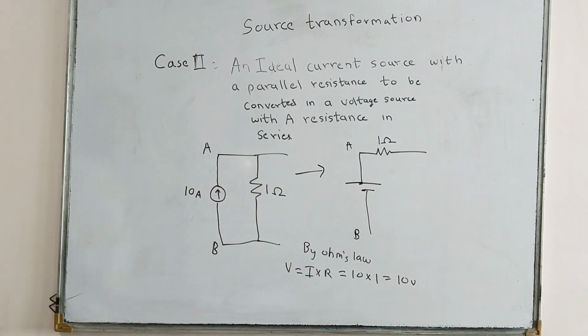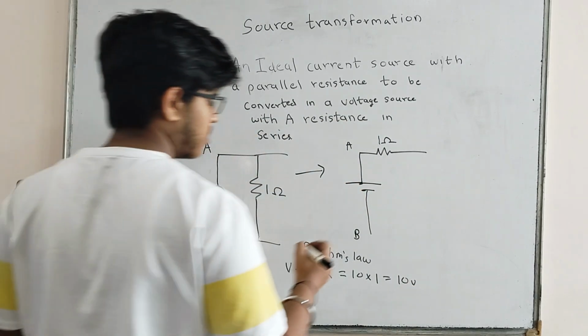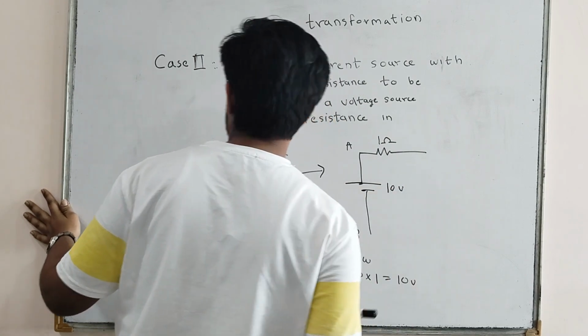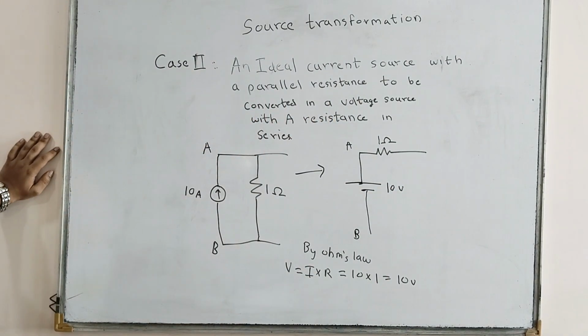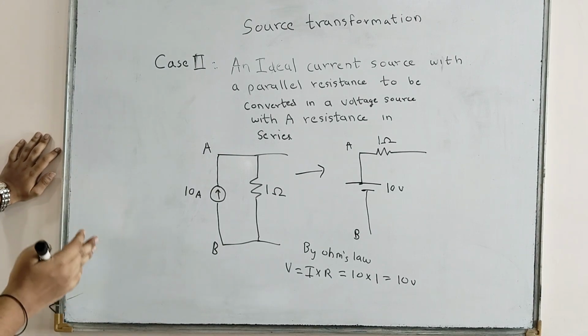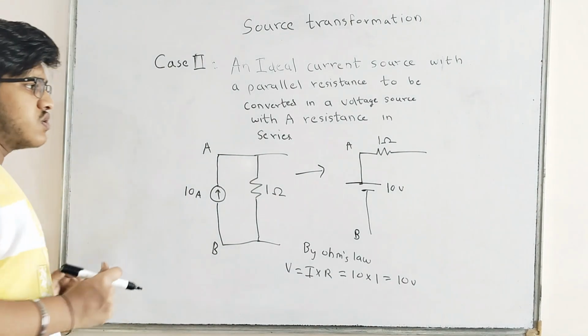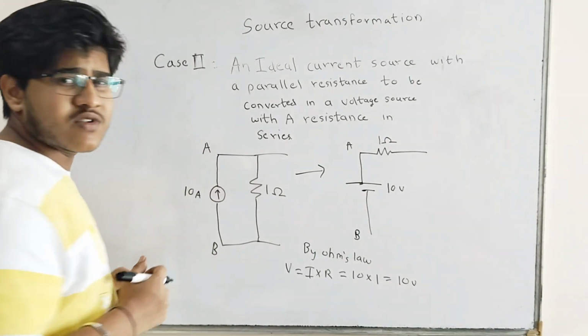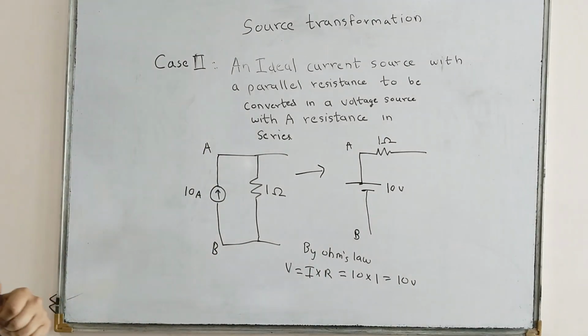So this is my magnitude of voltage. Now I will write it here, 10 volts. In this way we converted the entire circuit into a circuit containing an ideal voltage source with a series resistance. So please note it down. I will move on to the next case.